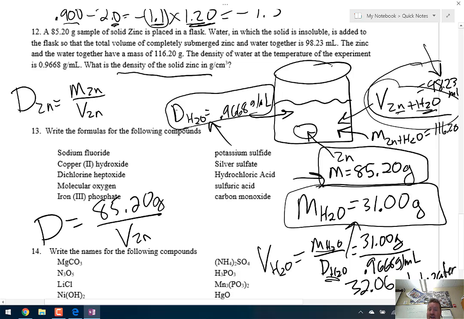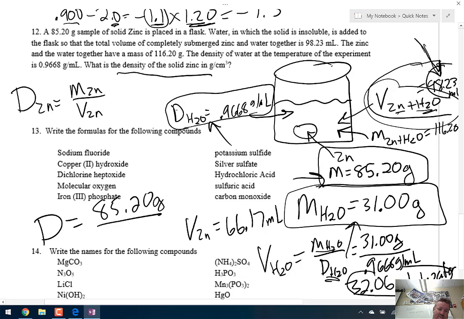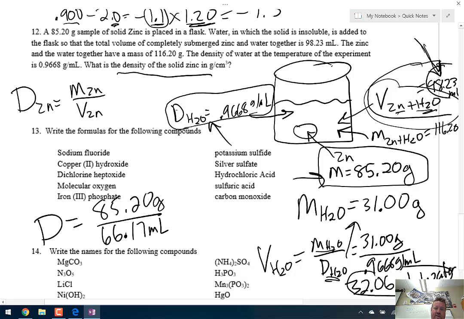Okay, well, if I have 32.06 milliliters of water and I know the total volume again is 98.23, I should just be able to take 98.23 and subtract 32.06, and that gives me a volume of zinc equal to 66.17 milliliters, which means I substitute that number right in here, 66.17 milliliters, and now I can just solve and get my answer.